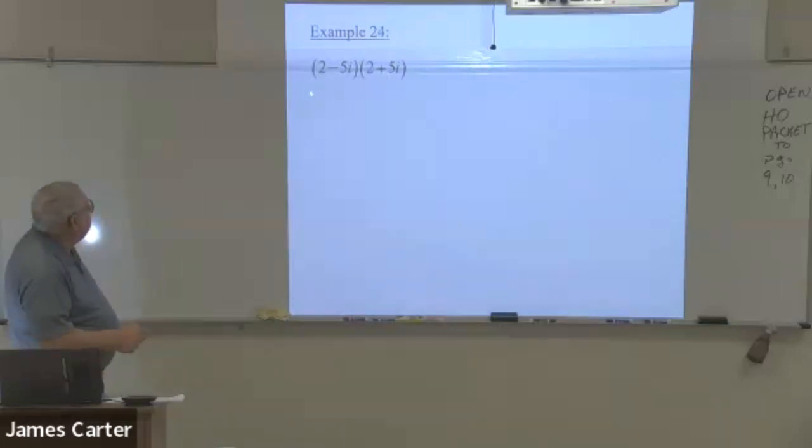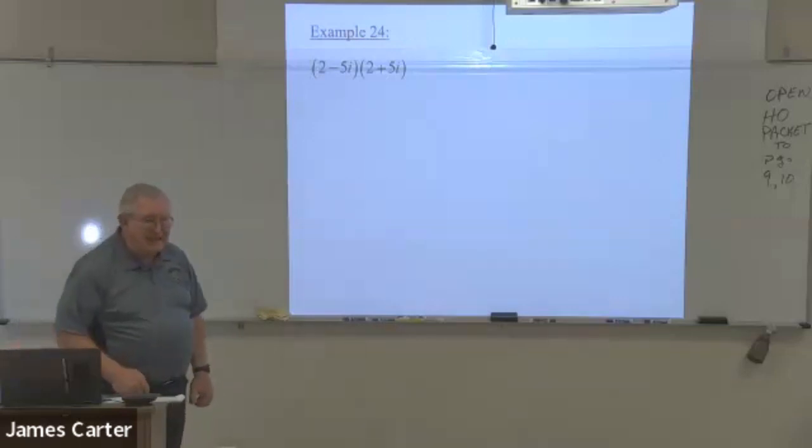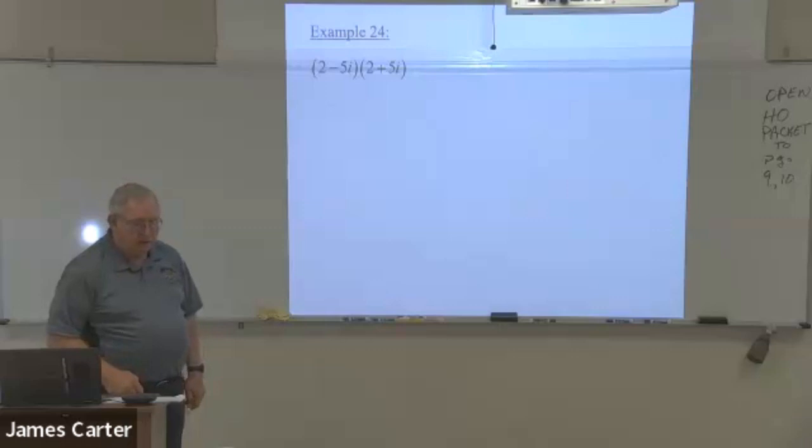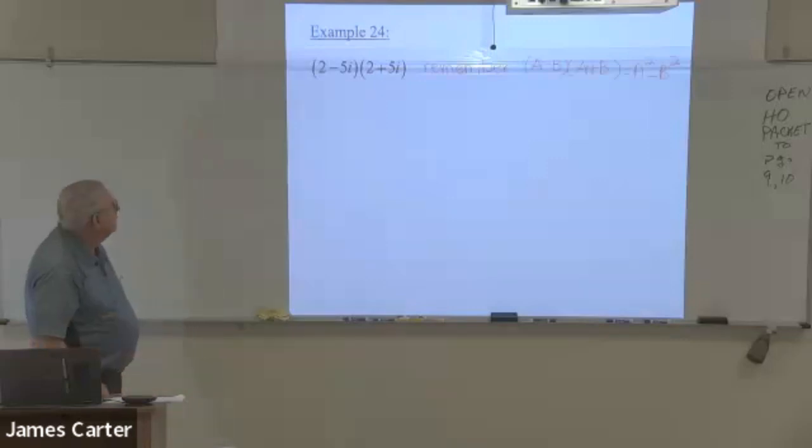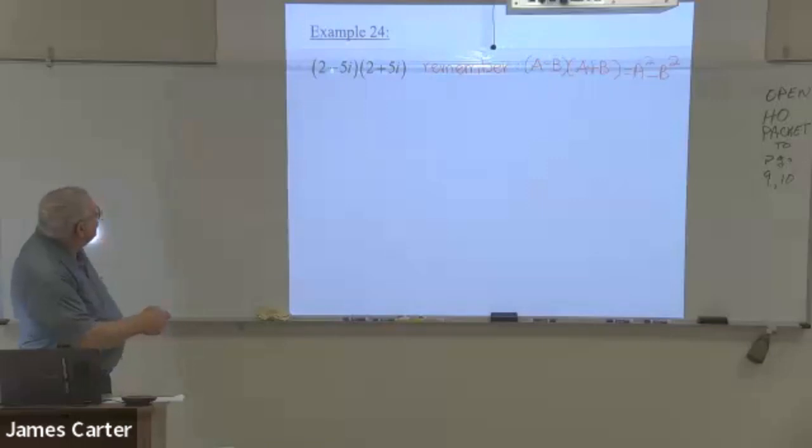This is an example of rule C. Look at rule C. Rule C says that anytime you have this times that, the only thing that's different is you've got a minus here and a plus there.